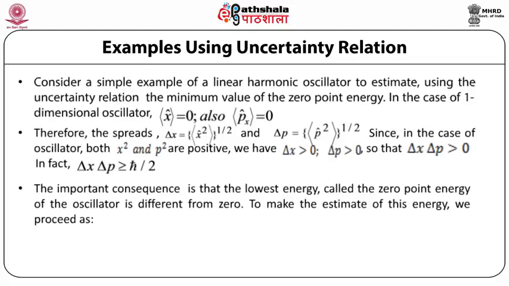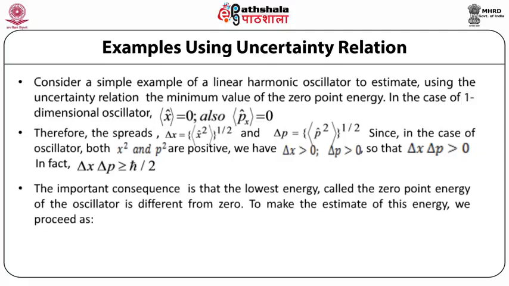Since both the expectation value of x and the expectation value of px are 0, in the case of the simple harmonic oscillator in one dimension, both x square and p square are positive, and thus we have that Δx is greater than 0 and Δp is also greater than 0, so that the product of Δx and Δp is greater than 0. In fact, we can see that the product of Δx and Δp is greater than or equal to ħ by 2.